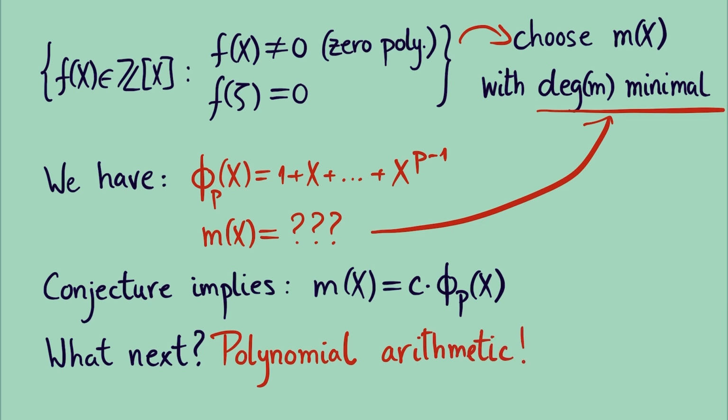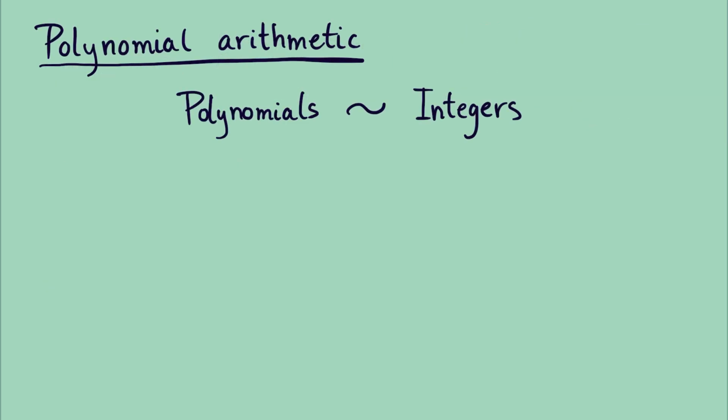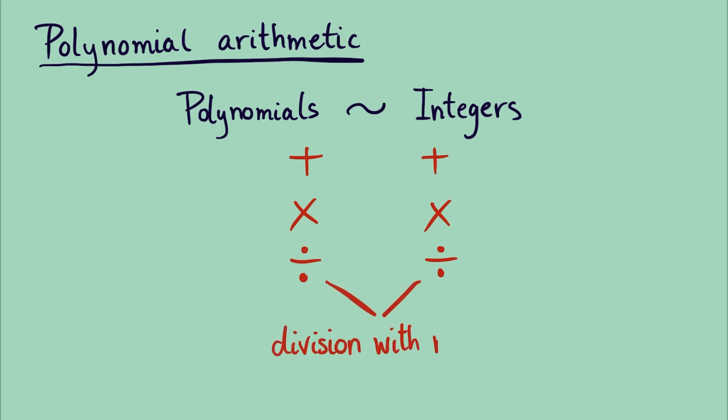We use the word arithmetic here because, really, polynomials often behave as if they were integers. You can add and multiply them together, but most importantly for us, we can divide them. More precisely, we can perform Euclidean division, or division with remainder.